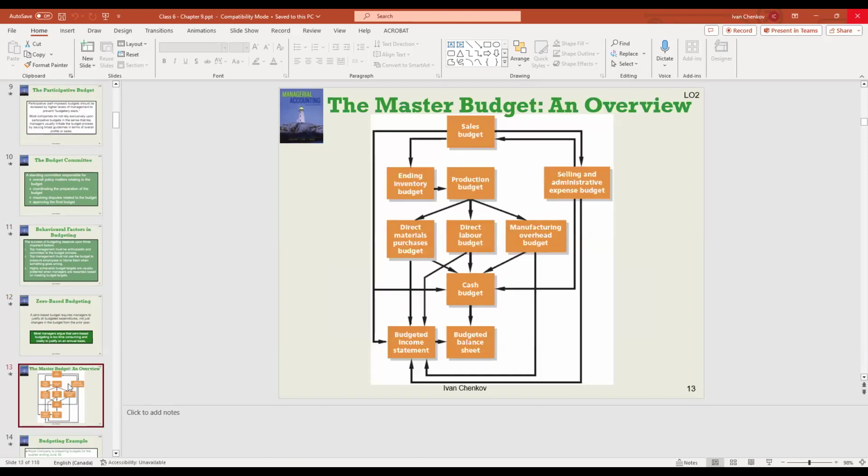So let's go with the budget. This is the chart. This is the overview of the master budget. What we can see on the top, and I want you to pay attention to that: budget always and always and always starts with sales.